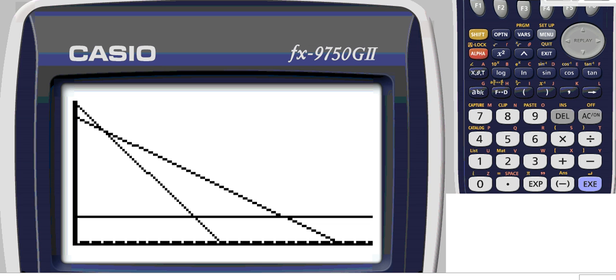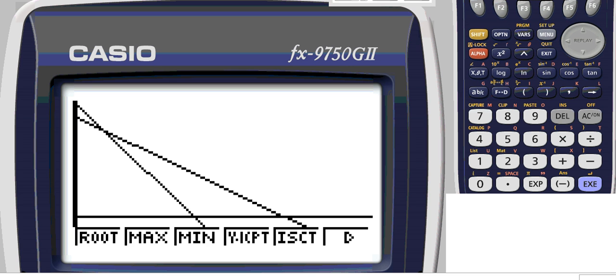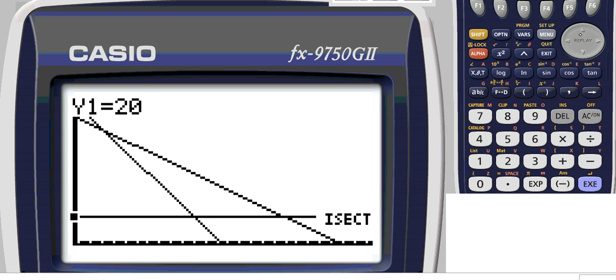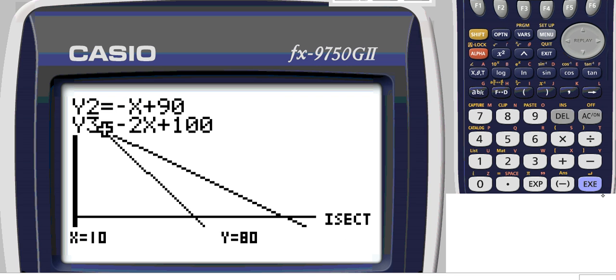Now you can see pretty much all of your intersections. If you go G-solve, intersect, you have to pick which lines you want it to intersect. So we're going to pick the negative x plus 90 and the negative 2x plus 100. The 10, 80.